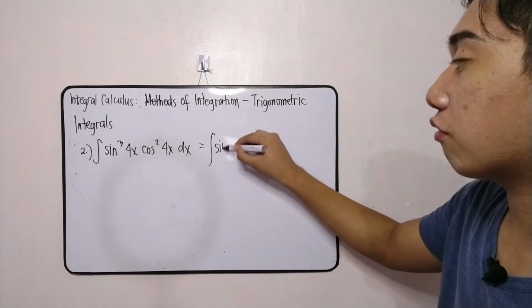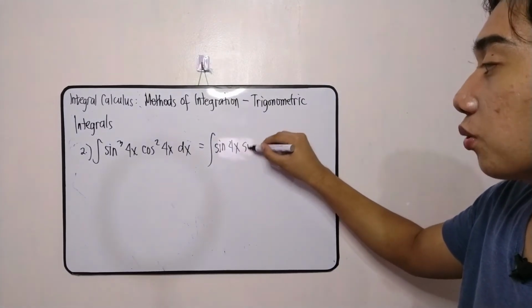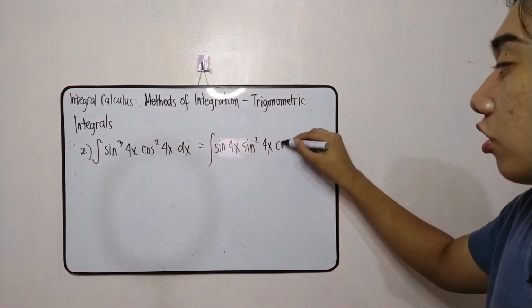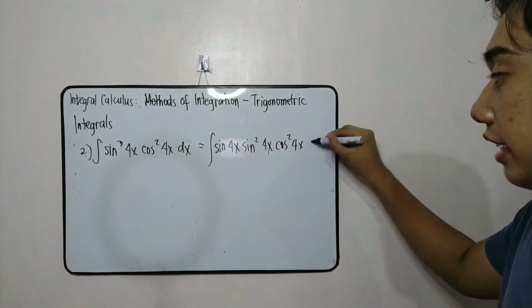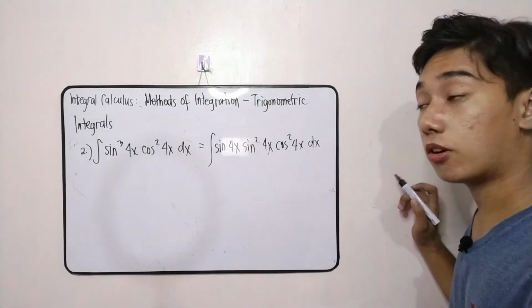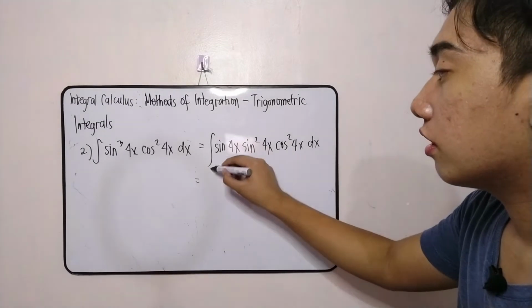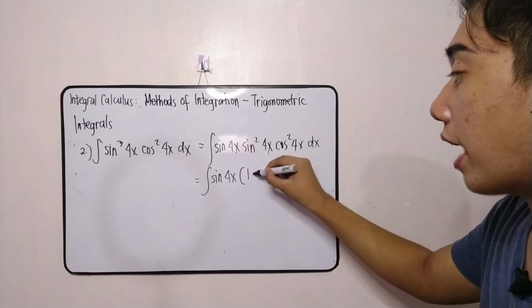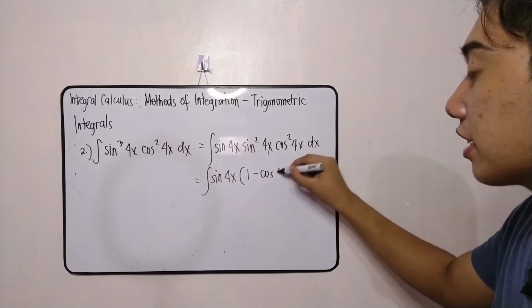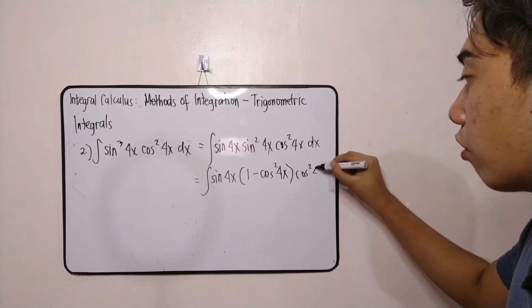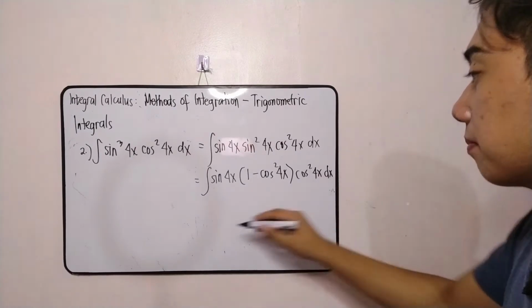So, this becomes sine 4x, sine squared 4x, and cosine squared 4x dx. And since ito yung pinactor out natin, we will substitute its Pythagorean identity. So, this becomes sine 4x times 1 minus cosine squared 4x, times cosine squared 4x dx.